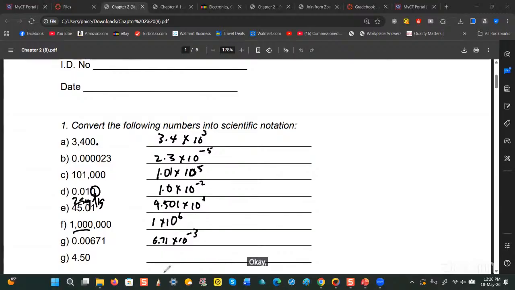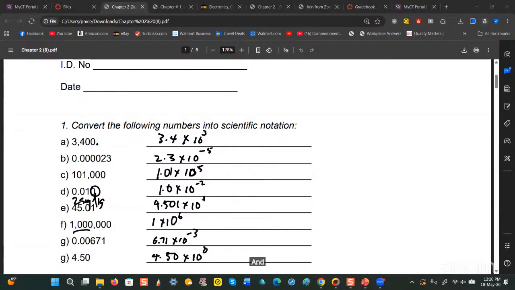Okay, what about G? Already in scientific notation, right? No, it's not already in scientific notation. Now, admittedly, the coefficient will not change. Is it 4.50 times 10 to the 0? Exactly, 10 to the 0.